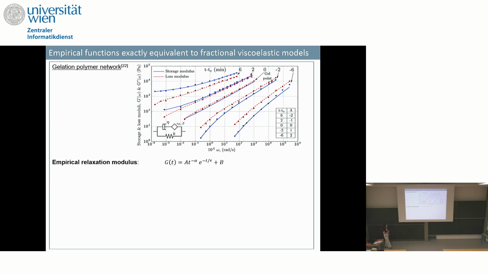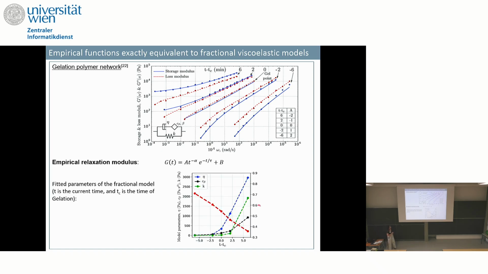And then the same model was actually used to fit the storage and loss modulus for the PDMS at different times from the gelation point. So what we did was to fit the same model at different times of gelation.